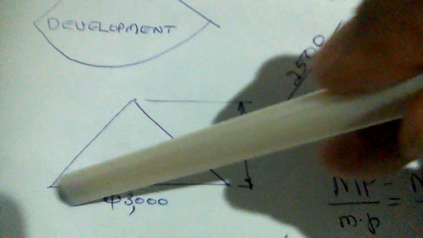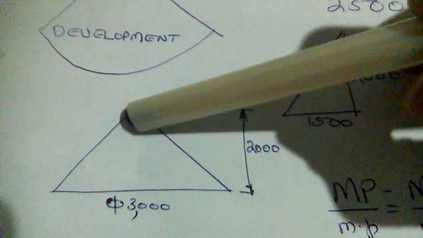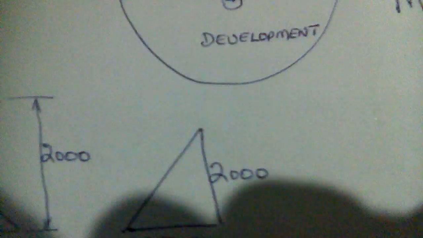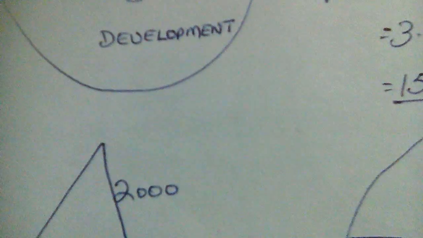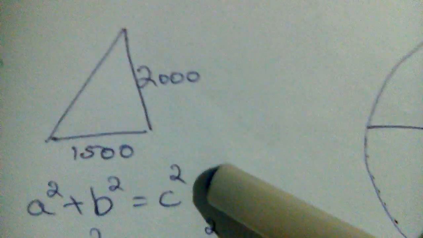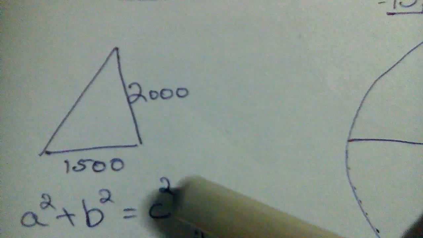So using 1500 and this 2000, we can find out this hypotenuse. Its formula is a square plus b square is equal to c square. Last episode I had told you about it, so I don't describe about it.